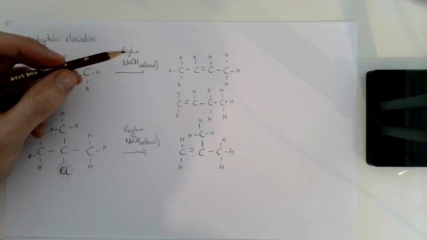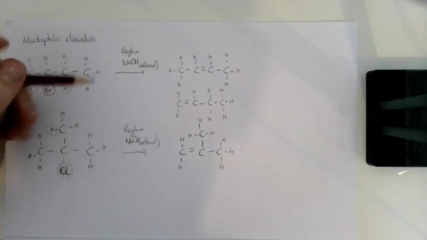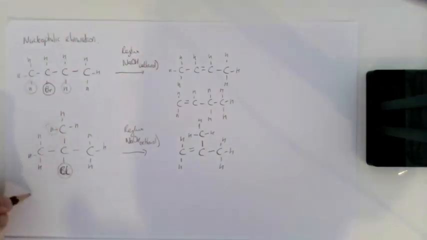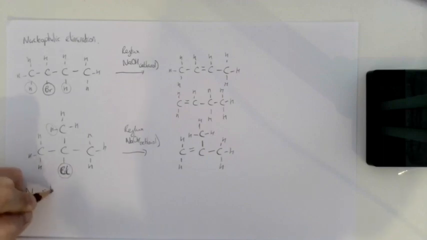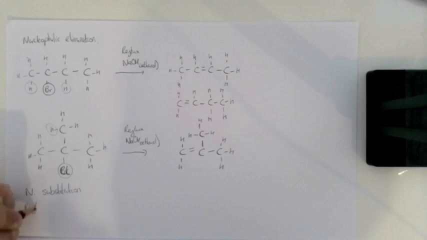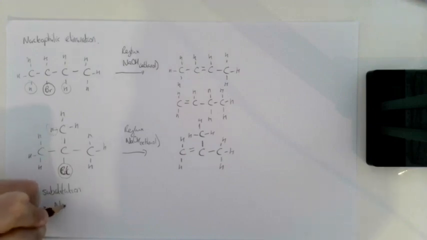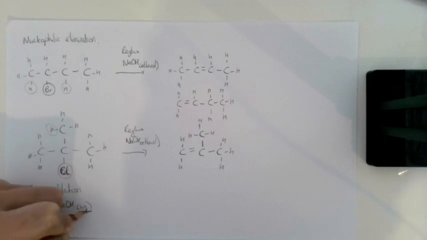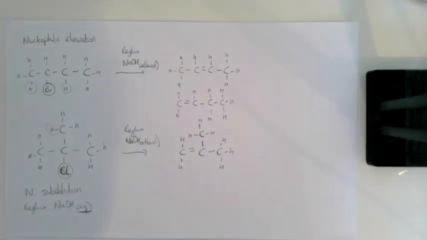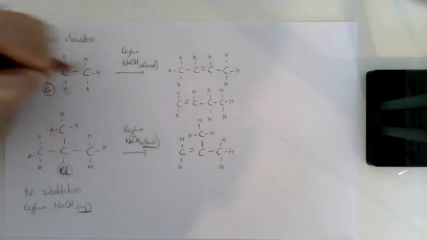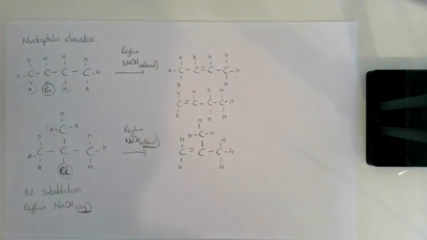In substitution, so if I put N substitution down here, you still need to reflux in substitution, which is probably something I forgot to mention earlier. So you reflux in, say, NaOH, which would be aqueous. So the main difference is the fact that in substitution it's aqueous, in nucleophilic elimination it is an alcohol.